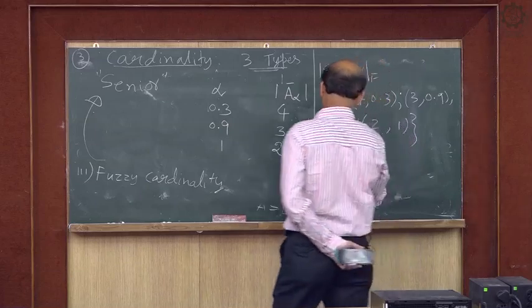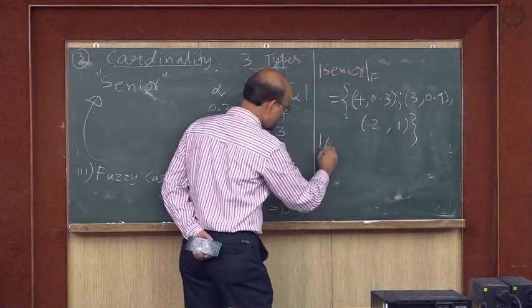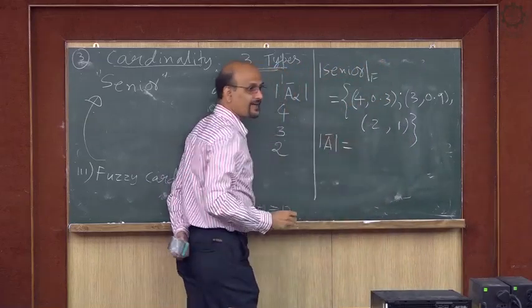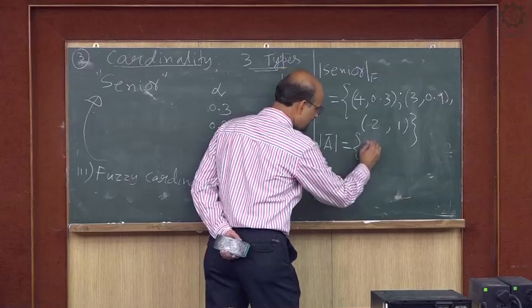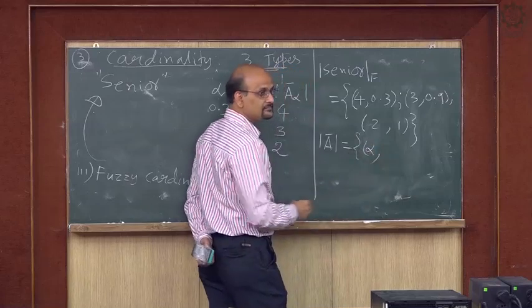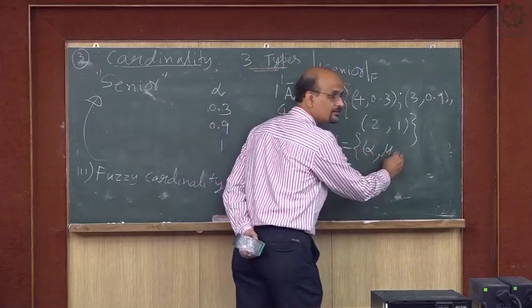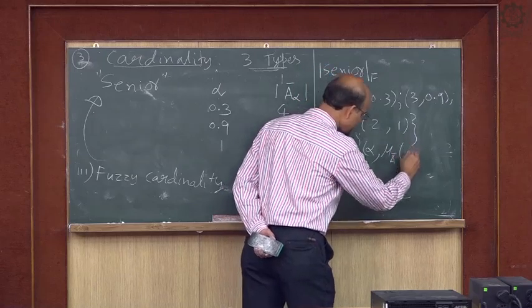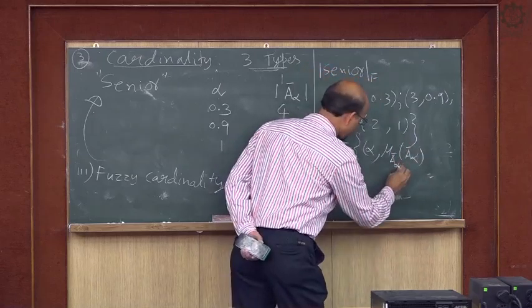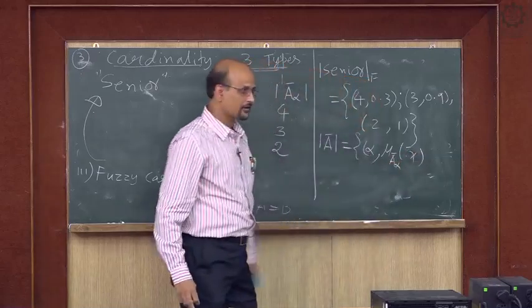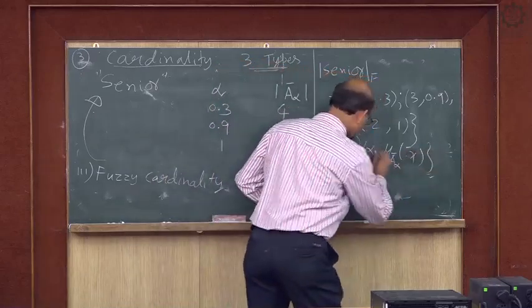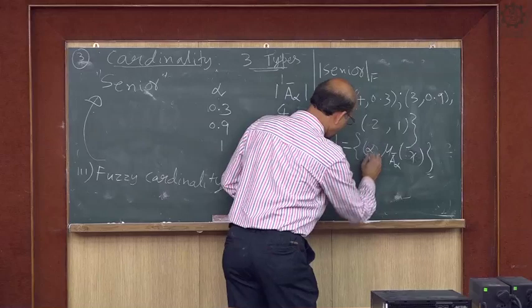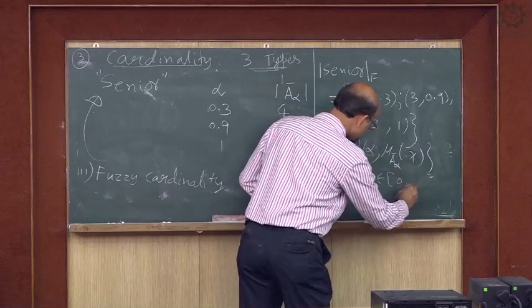Now, in general I can write the fuzzy cardinality of A bar as the pairs of alpha and mu, where alpha belongs to 0 1.